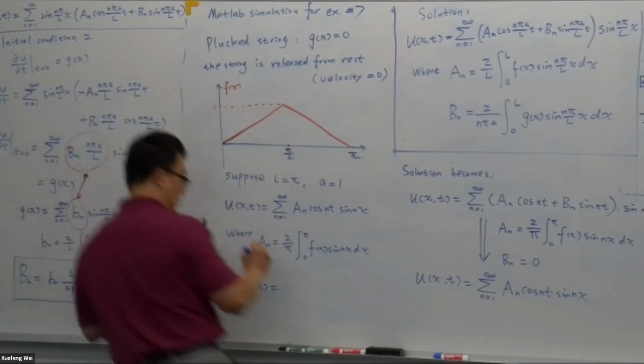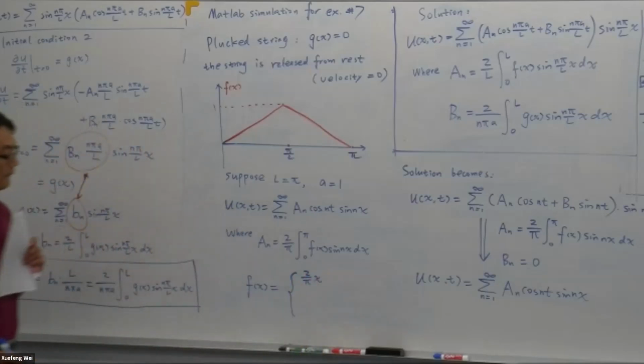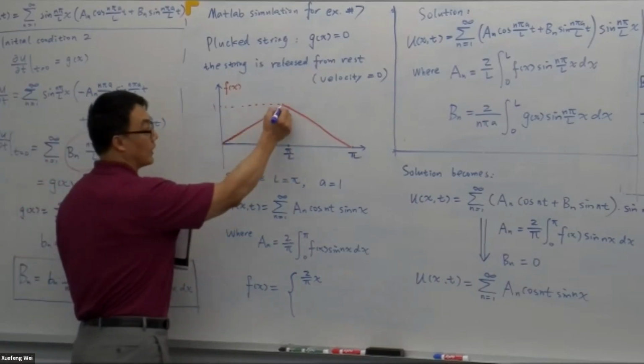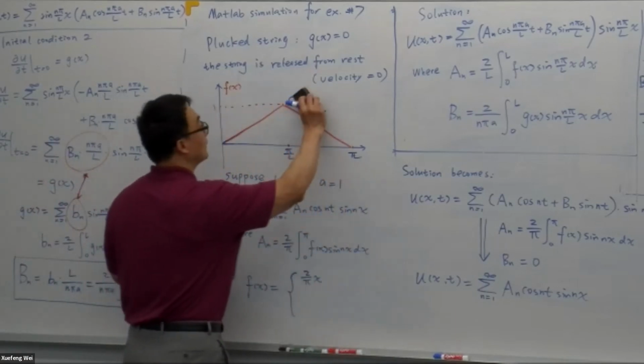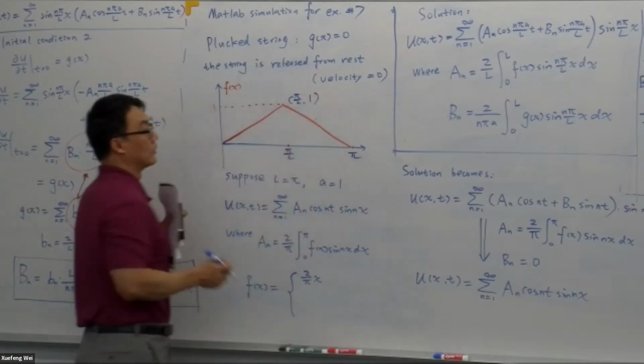So the left half is 2 over pi x, because that's the slope. This point is x equal to pi over 2, y equal to 1.